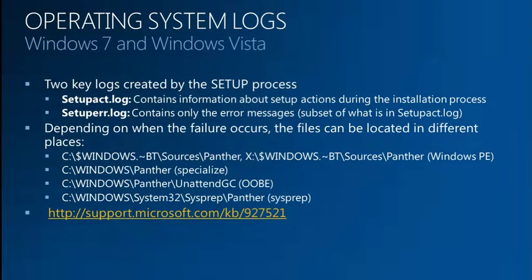Okay, so where are you going to find these files? And this you'll see as a common theme. A lot of the time they're not in the same places. Depending on where you are in the deployment process, they could be anywhere, whether you're in WinPE, whether you're in the full OS, whatever it is. Your friend is dir /s. I use it all the time, dir /s setupact.log.